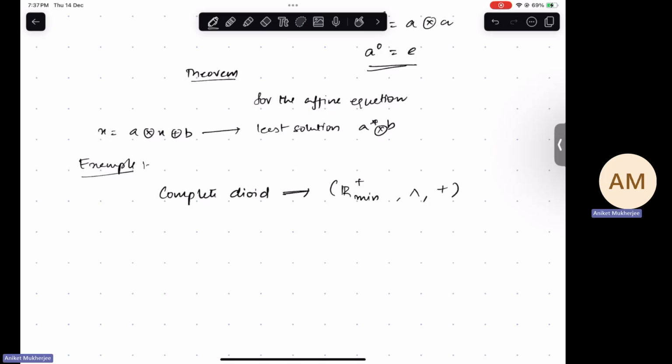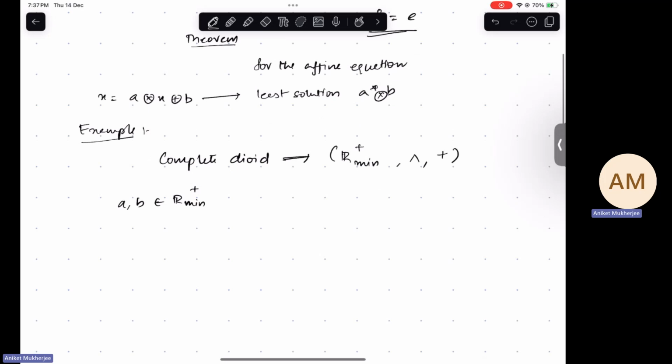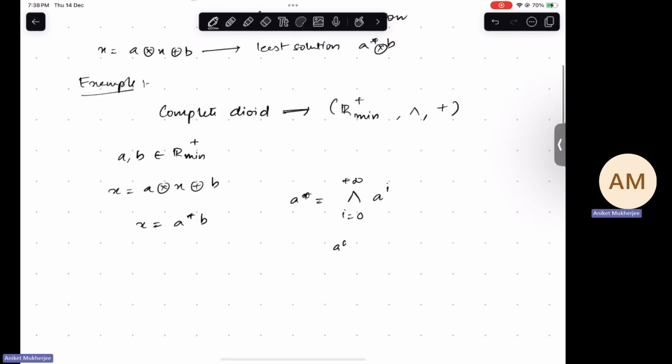Now let a, b belong to R min plus. We have x equal to a into x plus b. Now our claim is x equal to a star b. So a star is defined as the min over i equal to 0 to plus infinity of a^i.